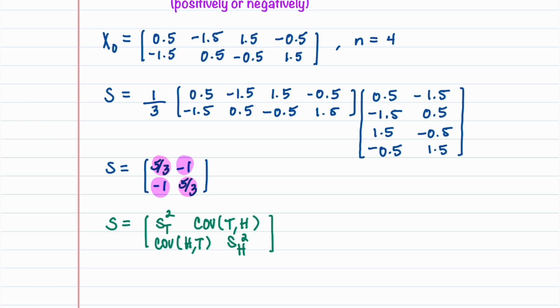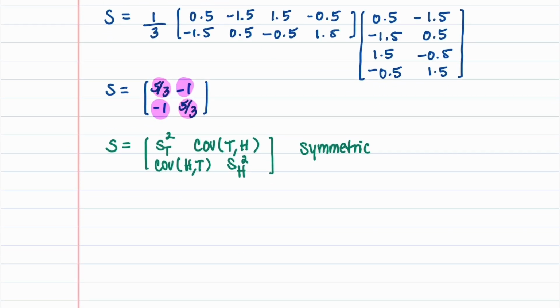This matrix will always be symmetric, because it's a matrix times the transpose of the matrix. In our example, S sub t squared is equal to S sub h squared, and it's equal to 5/3.